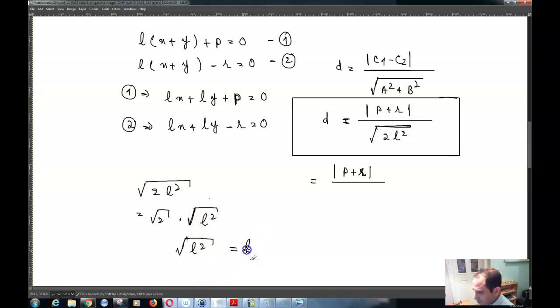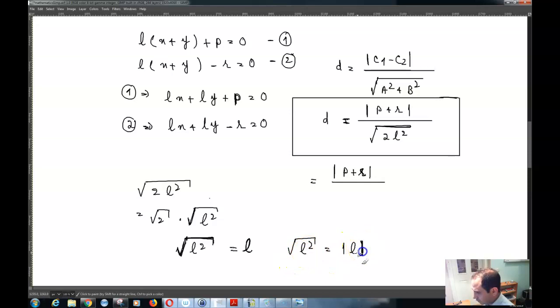I'm going to write the square root of l squared as the absolute value of l.